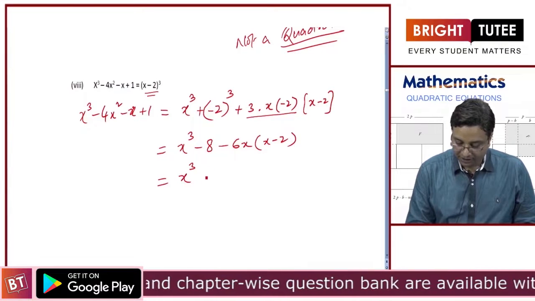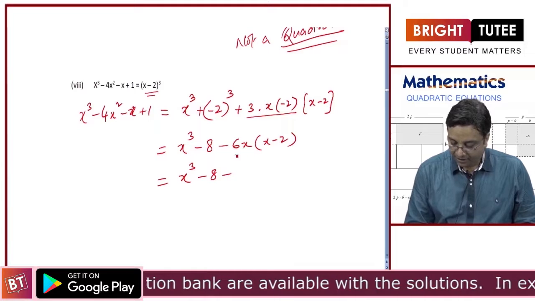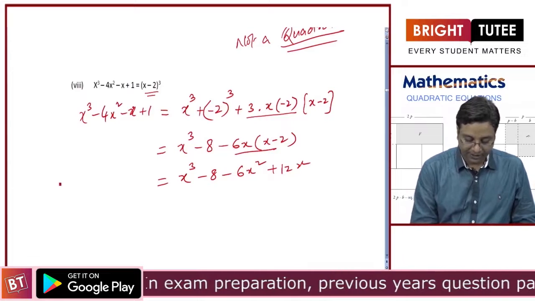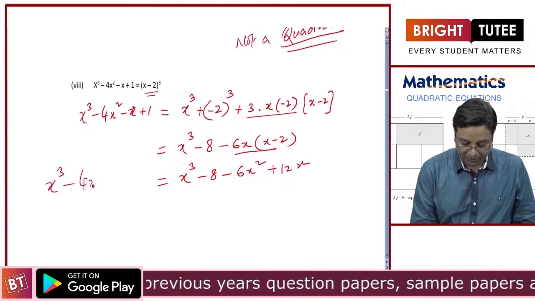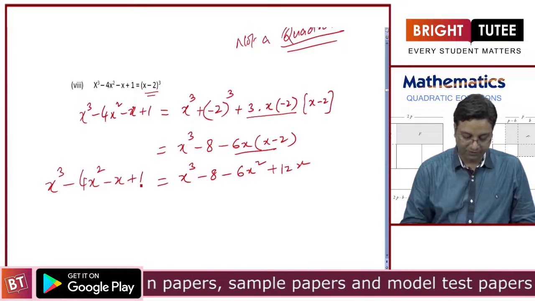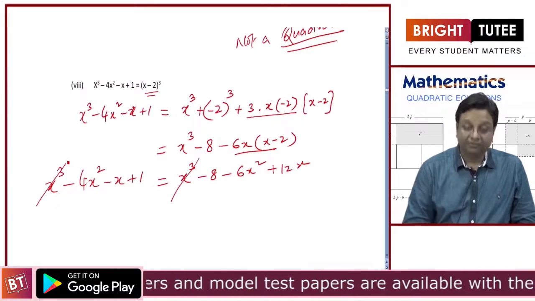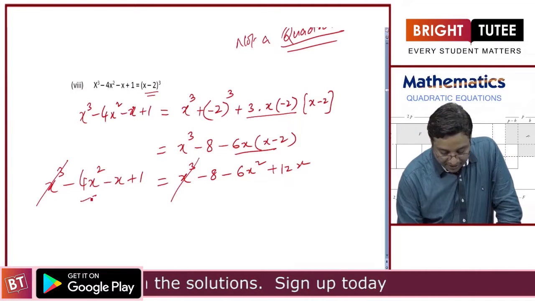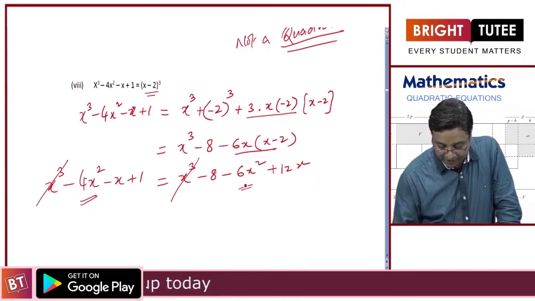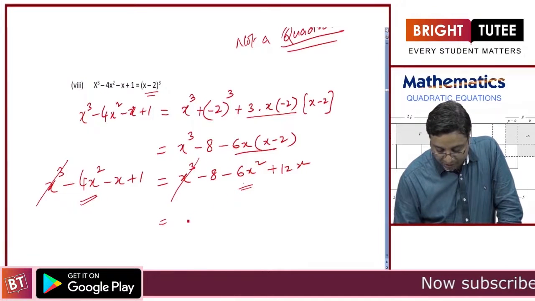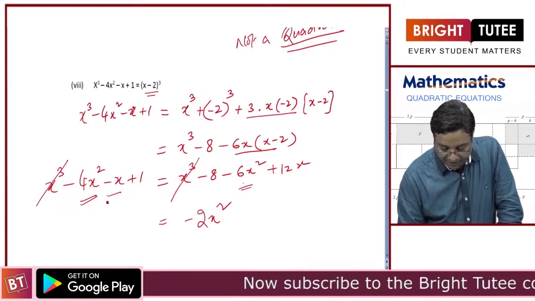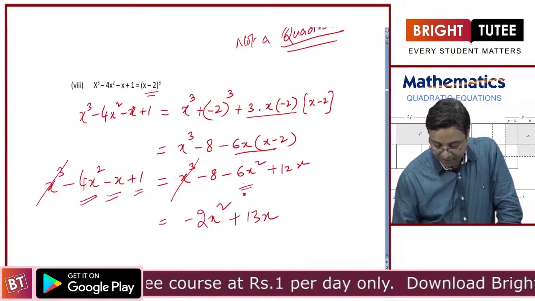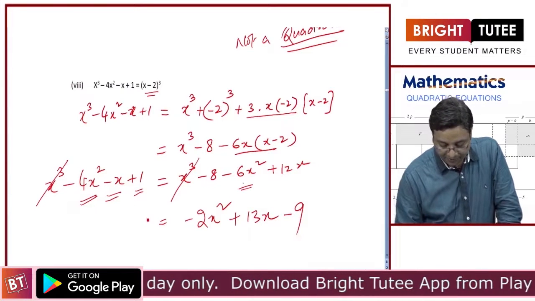So when I solve it further, it will give me minus 8 minus 6x squared plus 12x, right. On the left hand side, I have got plus 1. So now you see the cubic term gets cancelled here, and let us see whether we are left with any square term. When I take this 4x squared to the right hand side, it will give me minus 2x squared. When I take this here, it will give me 13x, and when I take minus 1 here, it will give me minus 9 equal to 0.